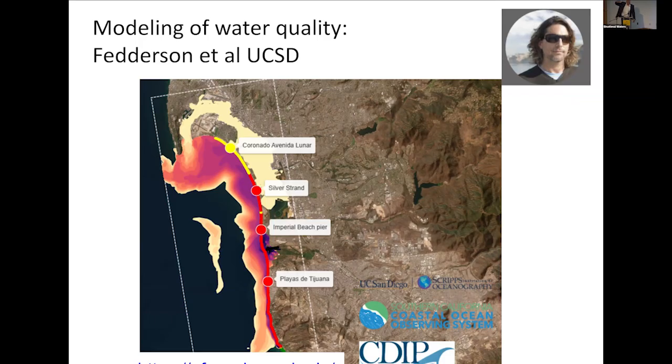It provides a 2-day forecast of what water quality is along the coast, including in Playas down to Rosarito. It's this kind of real-time forecasting tool, validated with the remote sensing and the monitoring, that I think is going to allow us to avoid public health impacts of any continued wastewater problems.